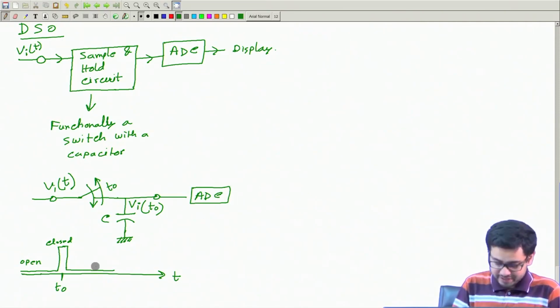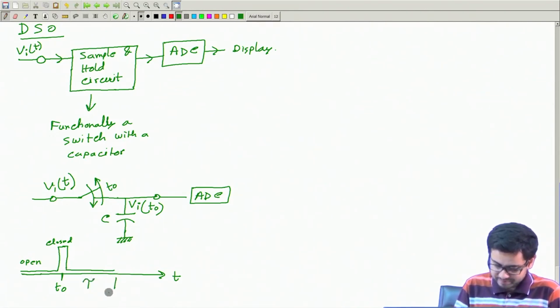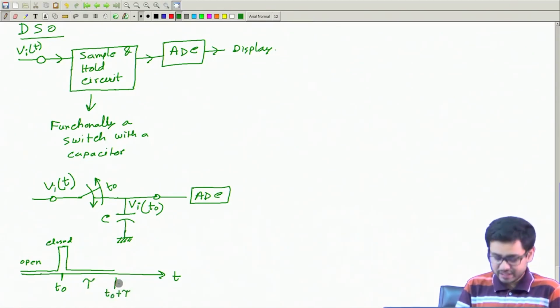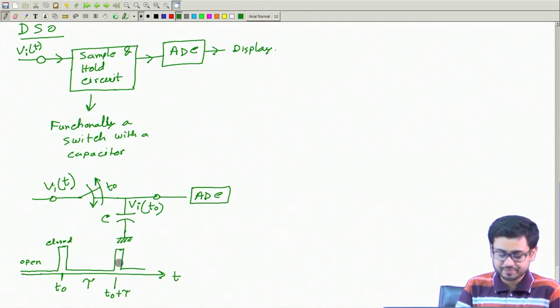Okay, then after that I keep this switch open or off, and after say a time gap tau, at this point t naught plus tau, I close this switch once again and then open it immediately.